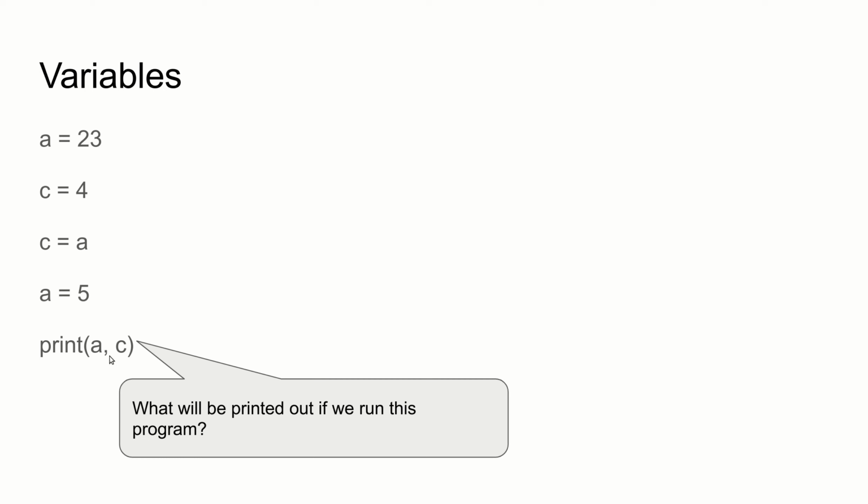If I said print out whatever a is the name for and whatever c is the name for, then what would be the things? What is a naming at this point in time? Remembering that Python executes a line, then moves on to the next line and executes it, then moves on to the next line and executes, and so on. And likewise, what would c be naming right now?